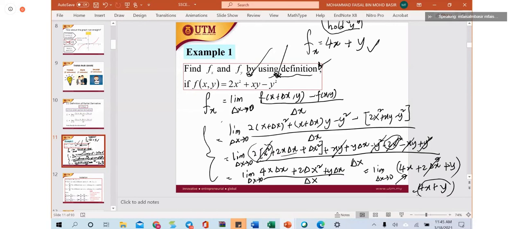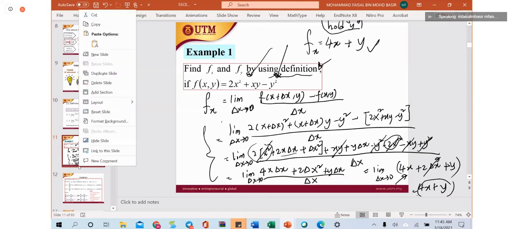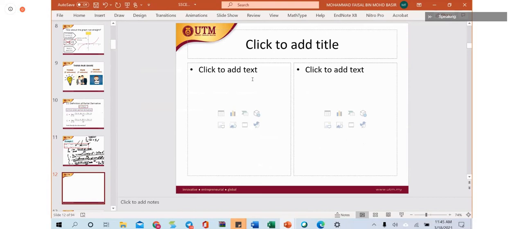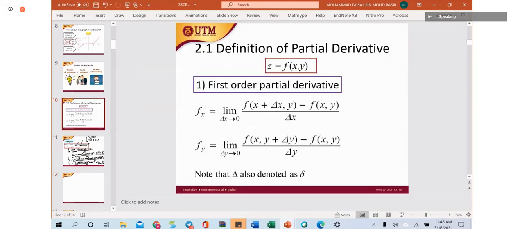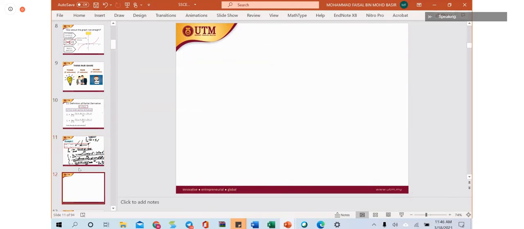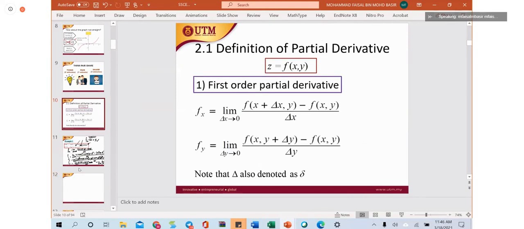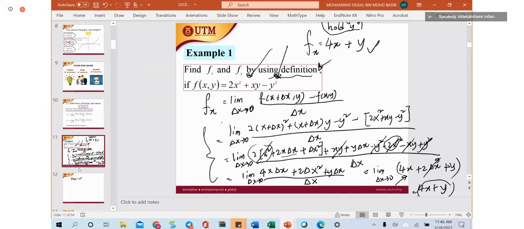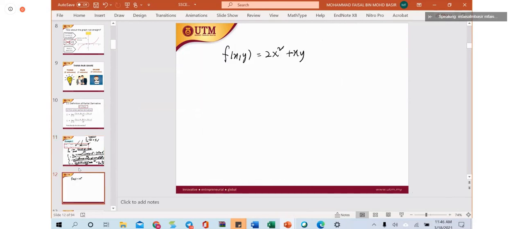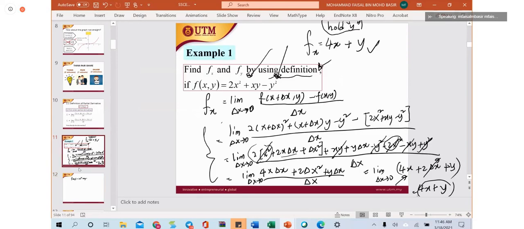Okay, how about fy? The same thing. So you have f(x,y) equals 2x squared plus xy minus y squared.